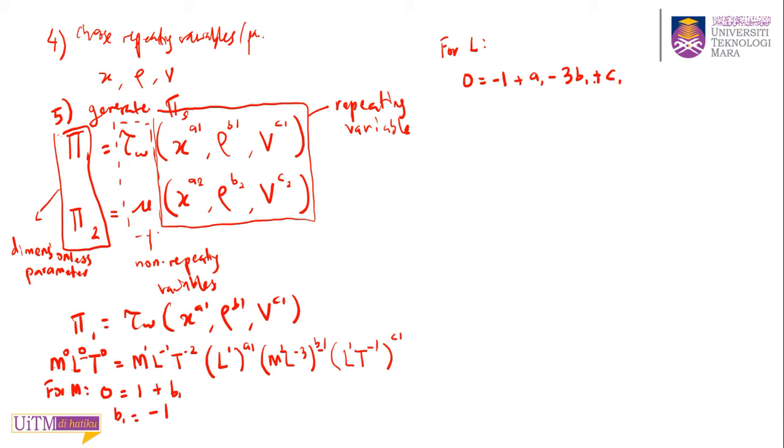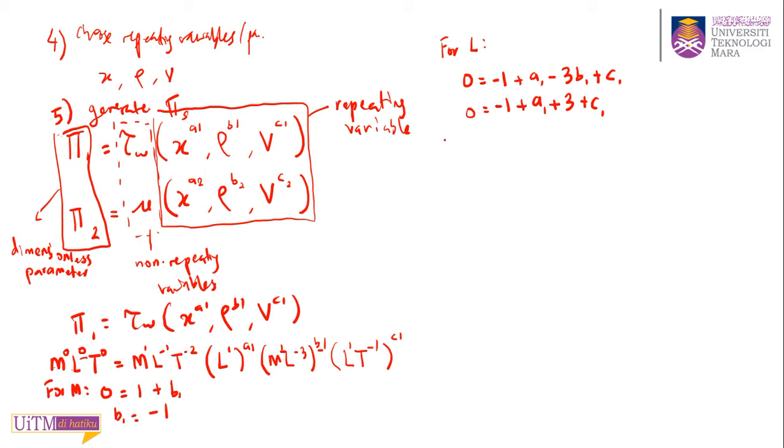Because B is minus 1, we can write 0 equals minus 1 plus A1, plus 3 since B1 is minus 1 times minus 3, plus C1. So we still have two unknowns.